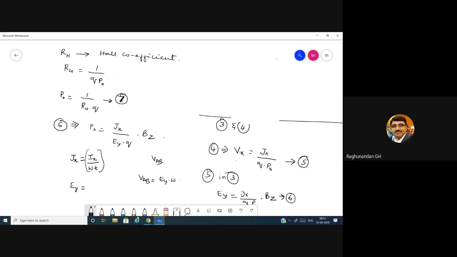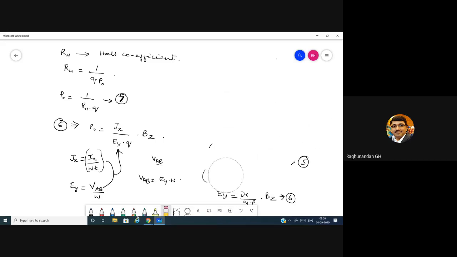So now I can write Ey as VAB by W. What is W? The width of the conductor, or the slab, whatever you have taken. Now what we have to do is substitute these two values in the above equation. Keep doing along with me.